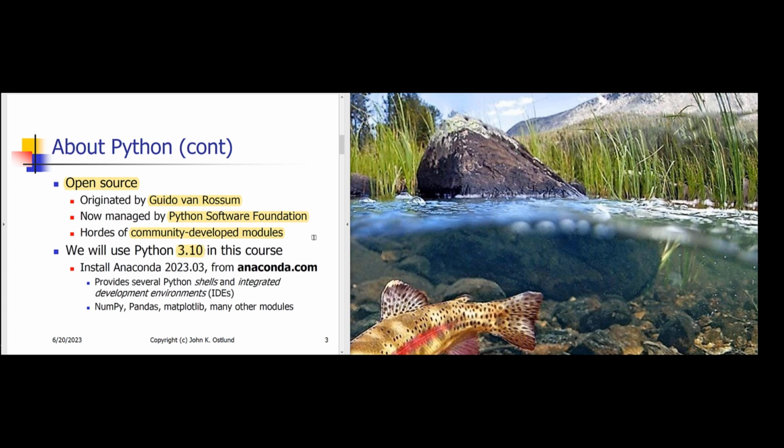And in particular, we're going to be installing a package called Anaconda version 2024.02. So it was released in February earlier this year. You can obtain this Anaconda from anaconda.com. And you can take a look at my installation video about how to go about doing that.